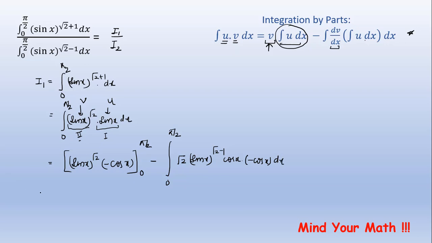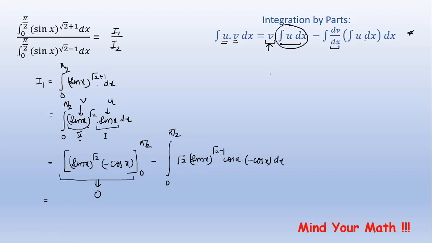Okay, so just simplifying this, if I put pi by 2 here, this term will be 0, and if you put 0 here, this term will be 0. So this part effectively is equal to 0, just substituting the limits.